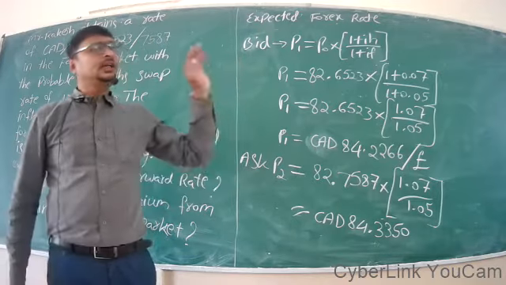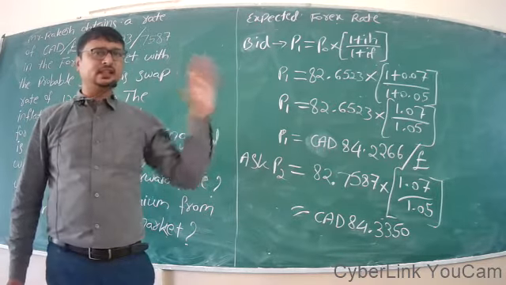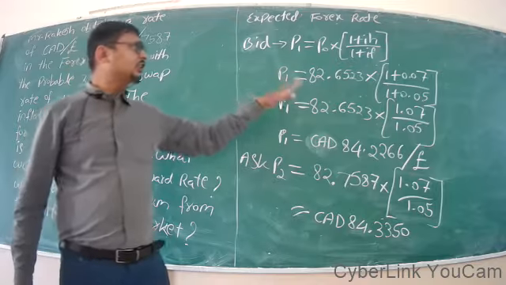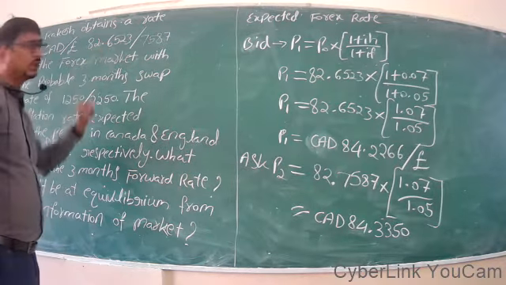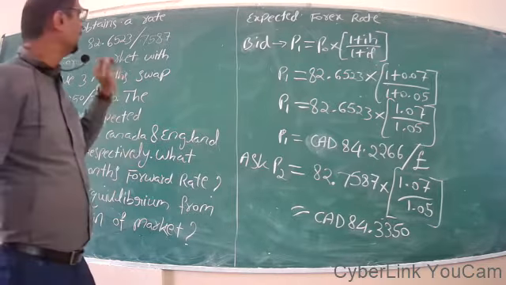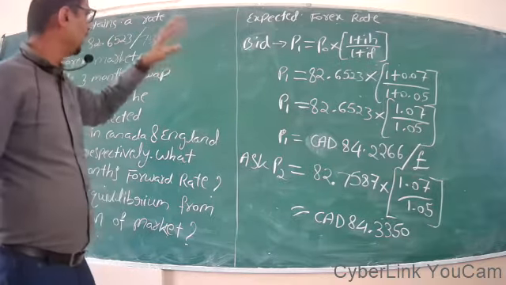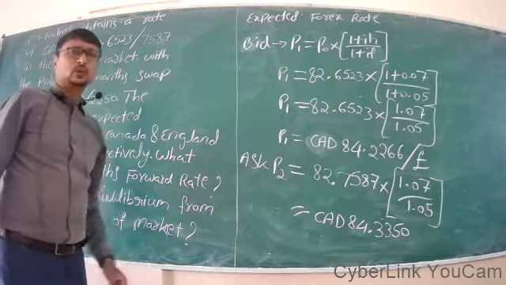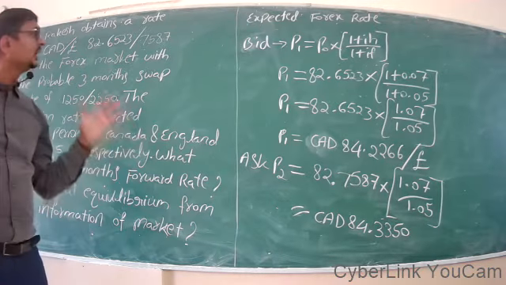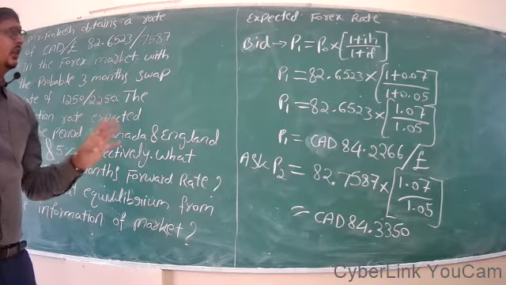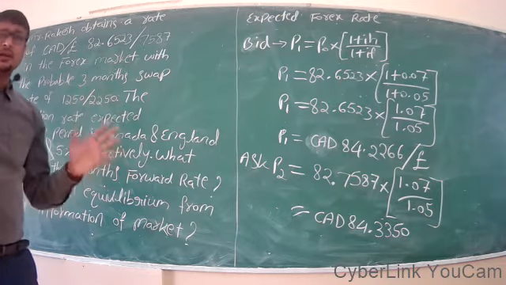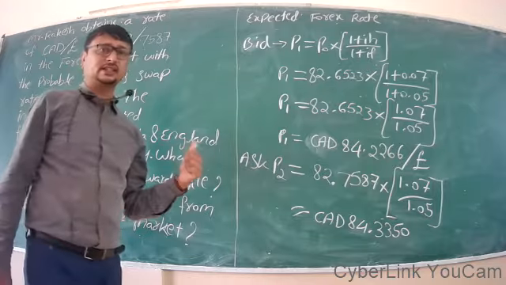So the expected forex rate, if we consider inflation in both the countries, that is in Canada 7% and England 5%. If we adjust the inflation rate in the concerned country, then the spot rate was 82.6523 Canadian dollar per sterling pound. If we adjust the inflation rate in both the countries, which we have discussed yesterday, that inflation rate directly impacts the purchasing power of the currency.